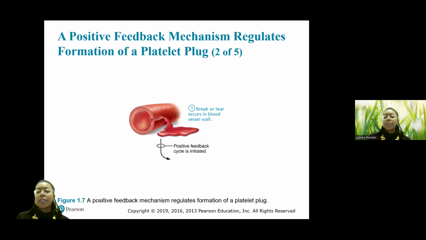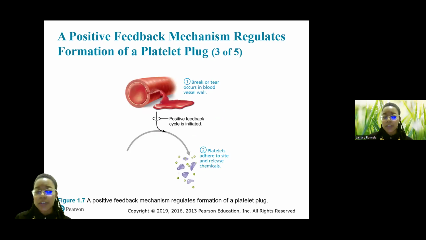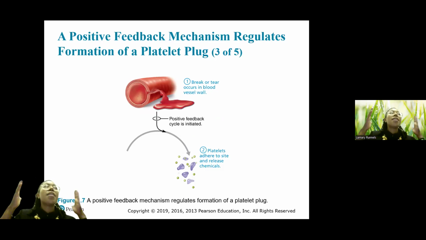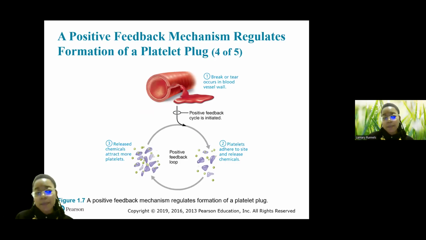So when we're talking about platelet plugs and blood clotting, you have a break or tear that occurs in the blood vessel wall, right? And then your positive feedback cycle is initiated. Platelets adhere to that site and release chemicals, and those chemicals communicate, we have a tear in the blood vessel, I need backup.